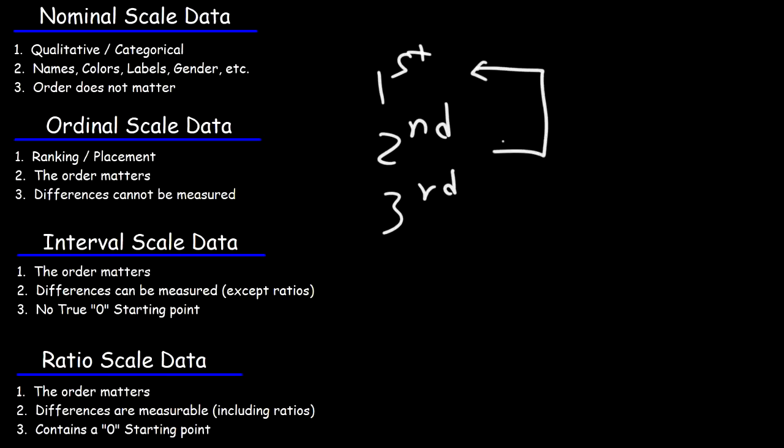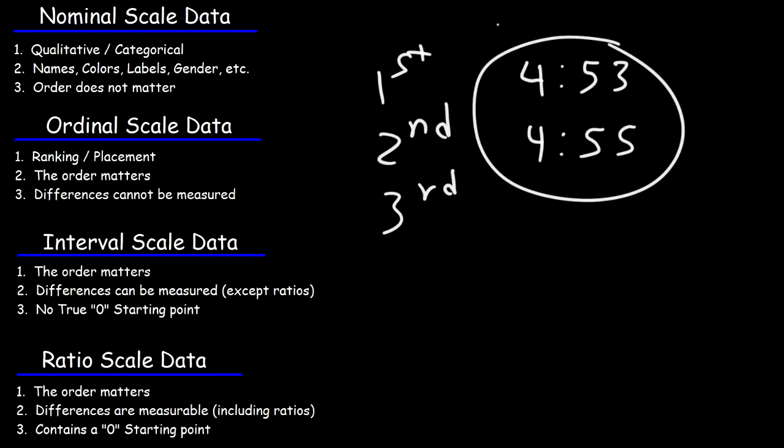The difference between first and second place is not the same as the difference between second and third place. Now, if you're looking at numbers, 2 minus 1 is 1, 3 minus 2 is 1. But that's not the way in which we should really look at it. To illustrate this, we could say that in a race, the person who got first place, let's say he took 4 minutes and 53 seconds to arrive at his destination. And let's say the person who was in second place took 4 minutes and 55 seconds. So as you can see, the time for these two individuals is very close.